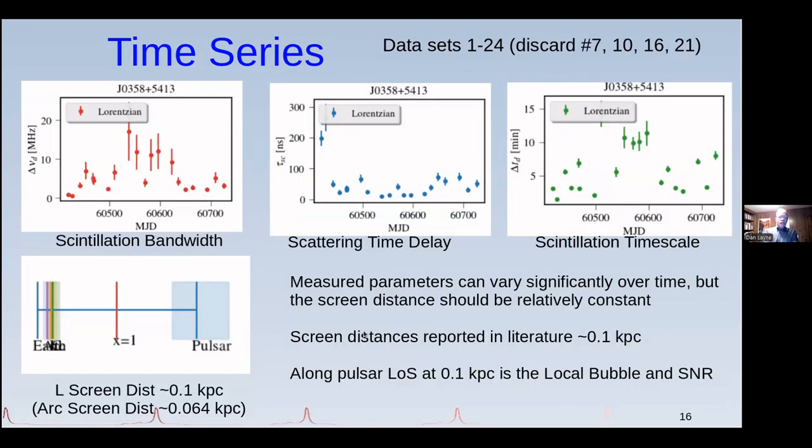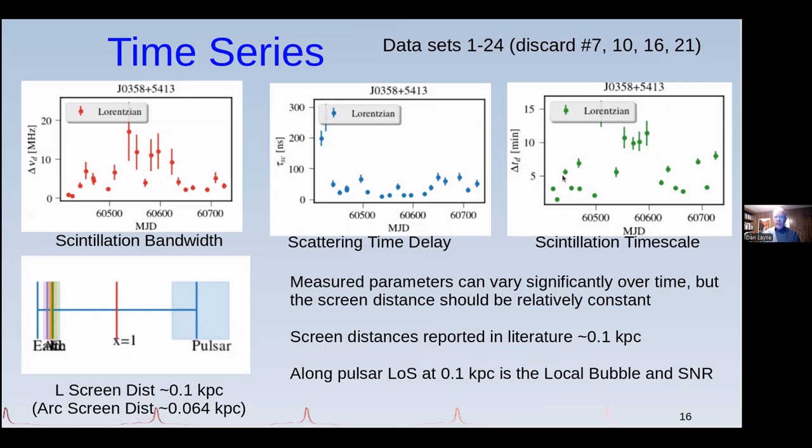Now, what we do is accumulate the data. I've collected 24 sets of data. I discarded several because they did not converge, too much noise. Here's some measurements, plotting the bandwidth, the time delay, and the time scale. The bandwidth is in megahertz, averaging around 5 megahertz.